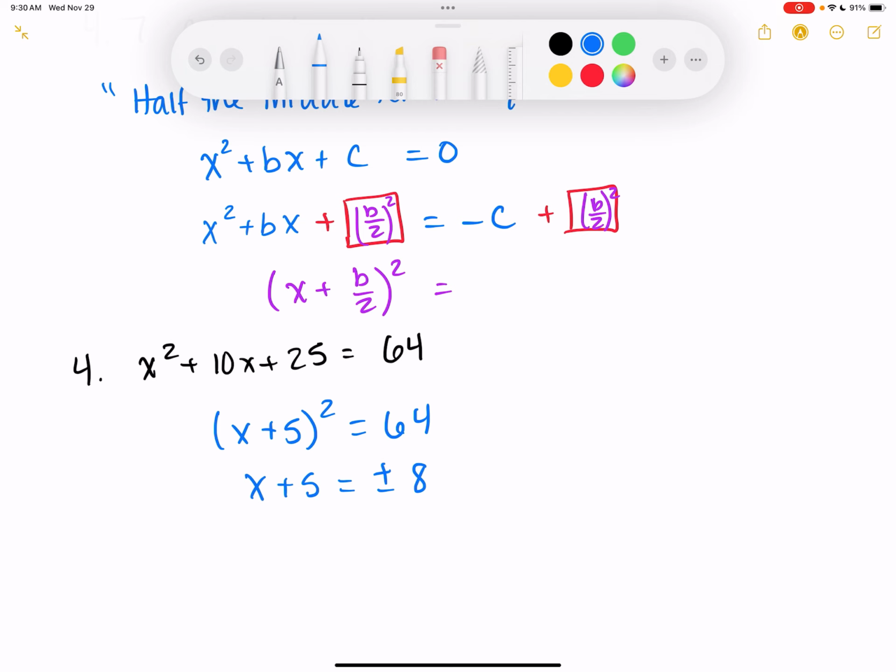And then because we're actually trying to solve this down, I am going to need to split it. So x plus 5 equals 8, or x plus 5 equals negative 8. Subtract the 5, so x equals 3, or x equals negative 13.